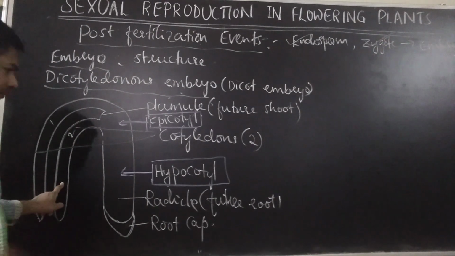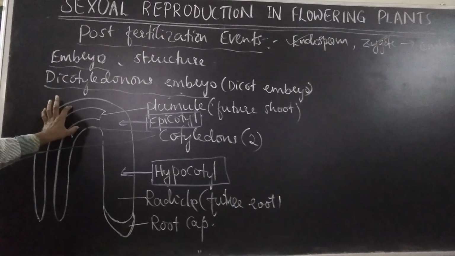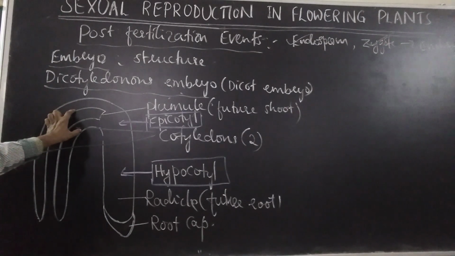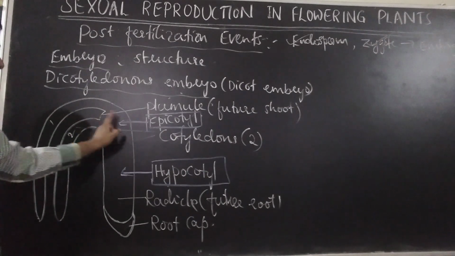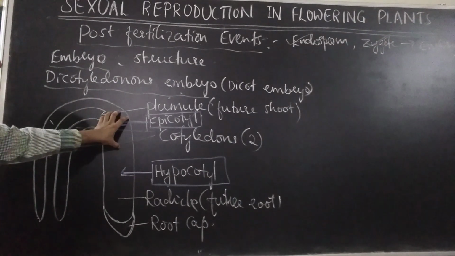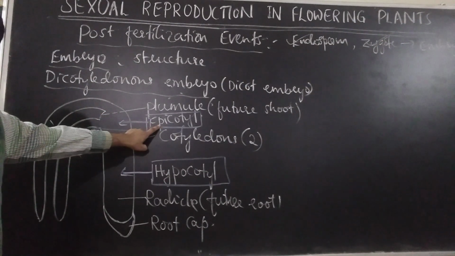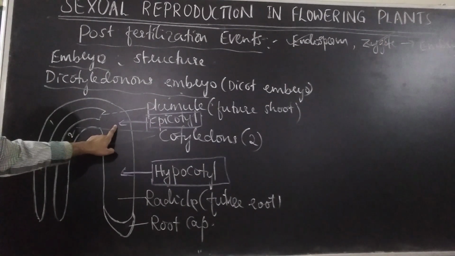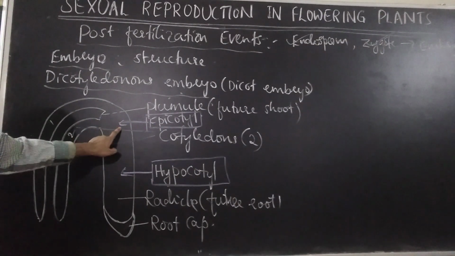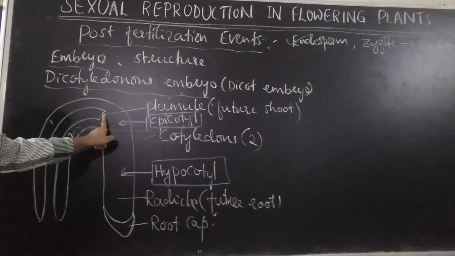Then the portion of the embryo just above the level of cotyledon. Above the level of cotyledon is like this here. This part what you see, the upper part, that is called epicotyle. Epicotyle will have a plumule. Epicotyle part will have a tip called plumule. It is also called stem tip.